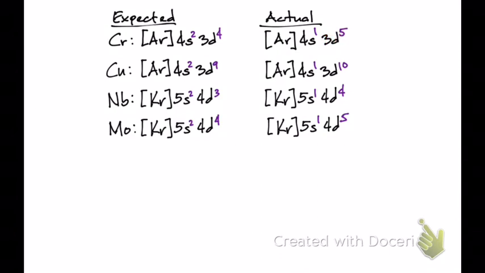Remember that you have basically 5 different d orbitals, and so it's more stable if you distribute the electrons evenly on the 3d sublevel instead of completely filling up the 4s. All right, same thing with copper, niobium, and molybdenum. So instead of 4s2, 3d9 for copper, it's 4s1, 3d10.